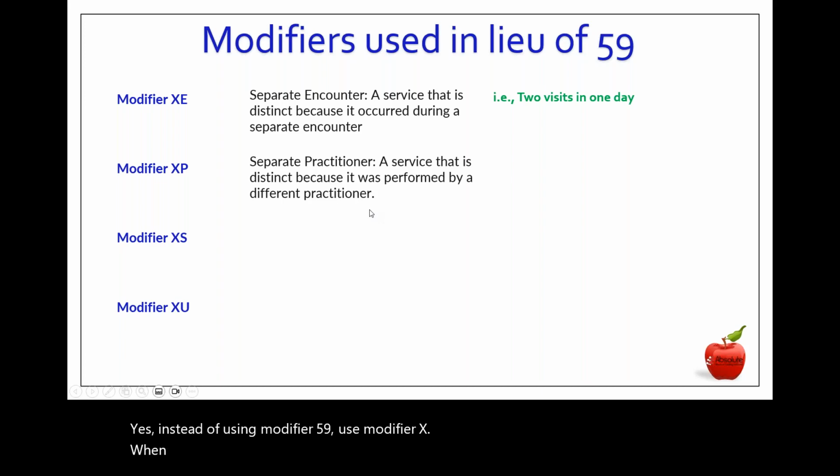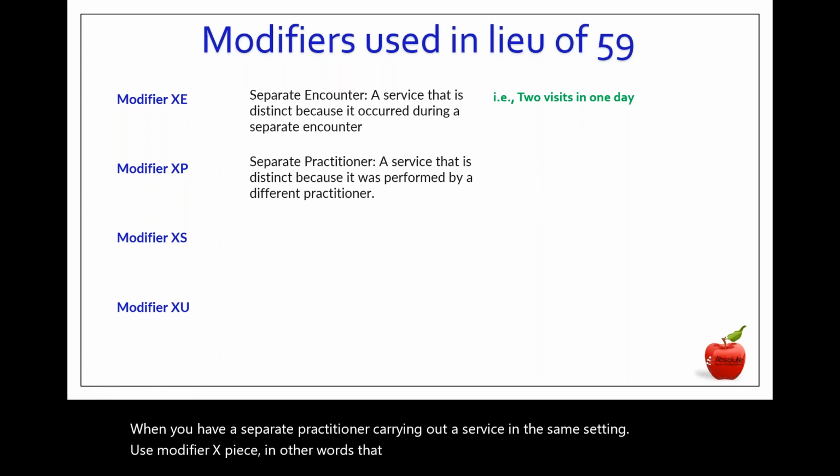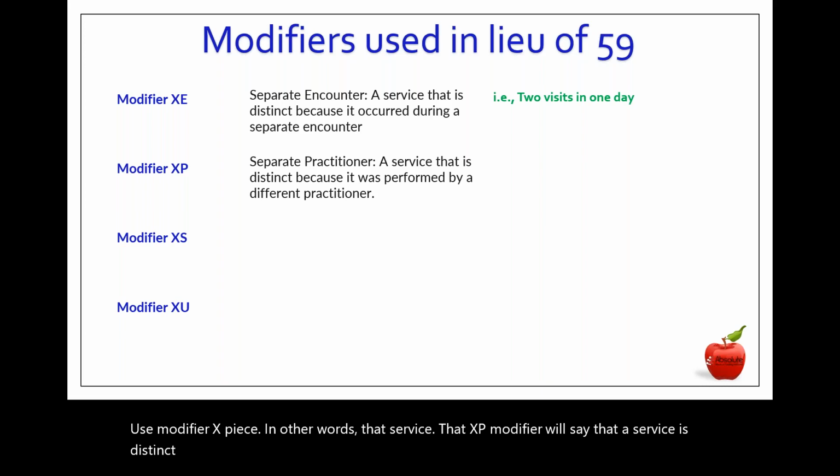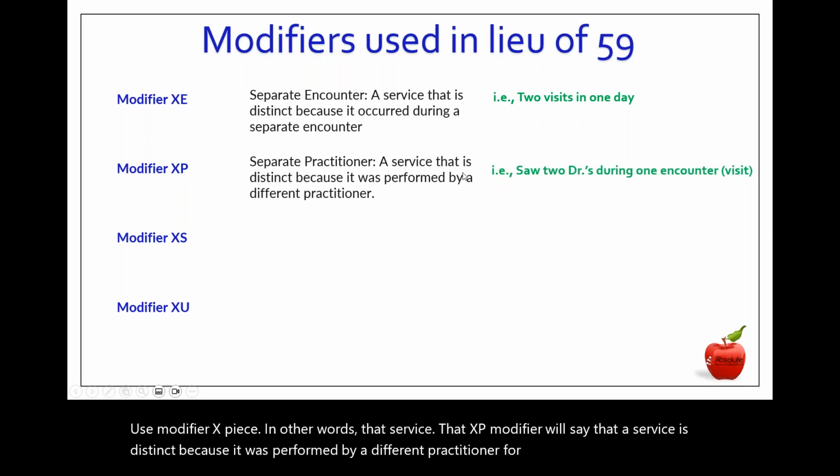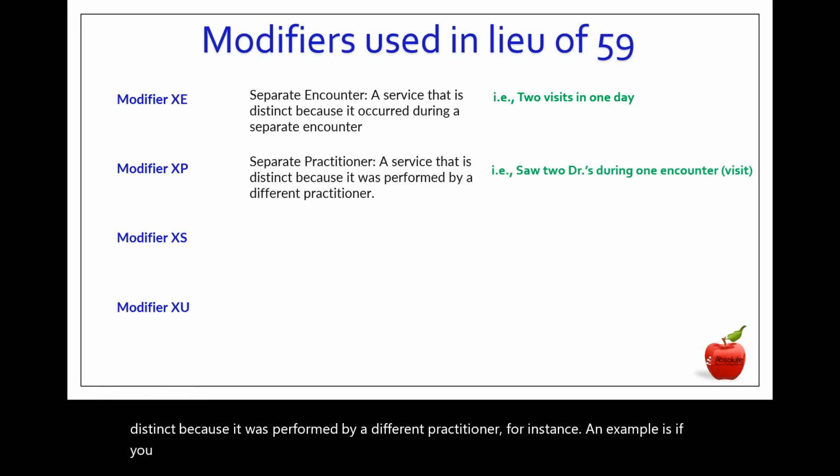When you have a separate practitioner carrying out a service in the same setting, use modifier XP. In other words, the XP modifier says that a service is distinct because it was performed by a different practitioner. For instance, if a patient saw two doctors during one encounter.